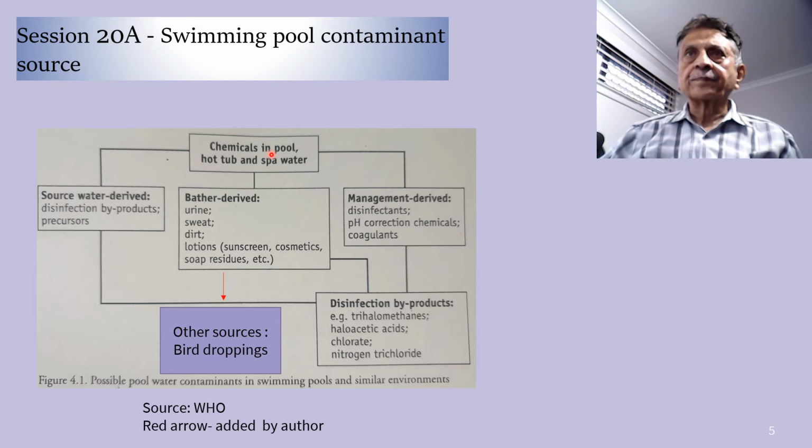They will be filtered. Then the water has to be coagulated with coagulants, pH corrected, and adjusted by correction chemicals, and pH and other parameters like TDS, alkalinity, etc., have to be tested to ensure they are within the specified limits, chlorinated, and sent back to the pool.